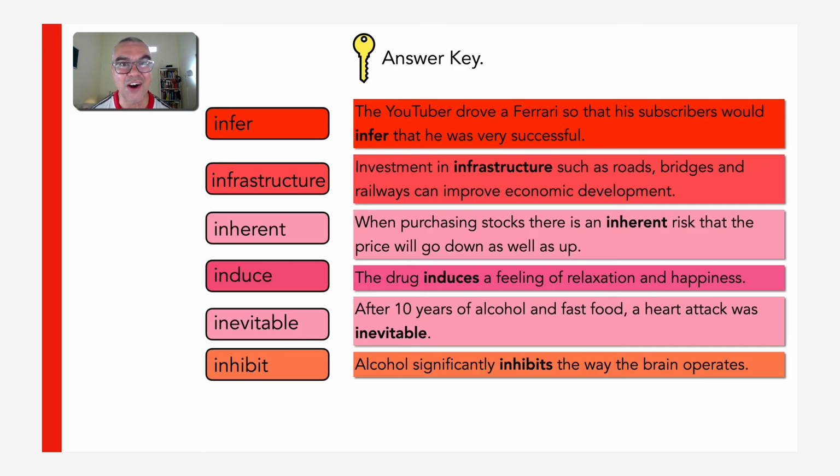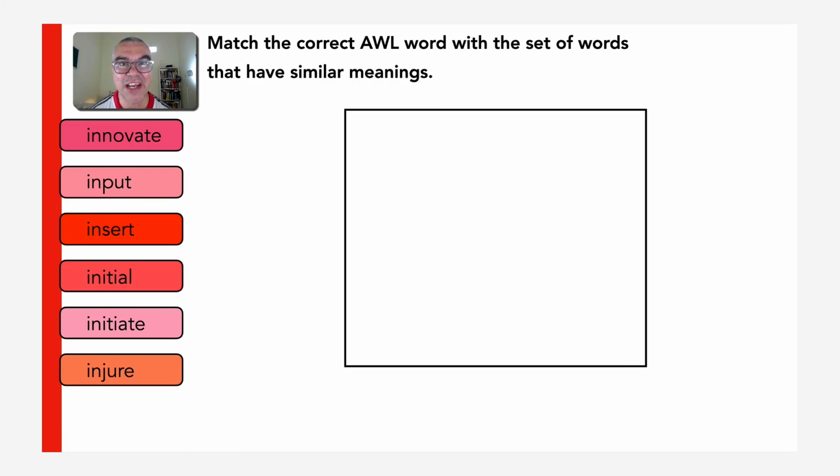Let's look at the last group of words in this second set. Here they are: innovate, input, insert, initial, initiate, injure. So for this exercise, I'd like you to choose the set of words that have the same meaning, okay?